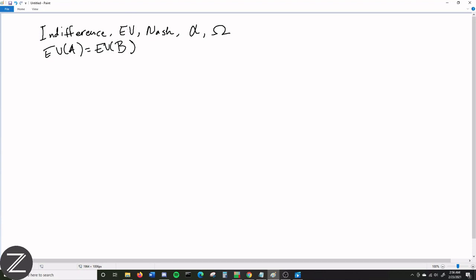All this means is how much, say in poker, your expectation is just how much your strategy yields on average.